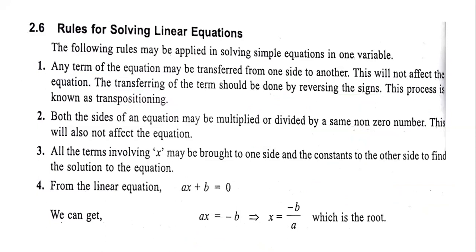Okay, now let us see the next point. Now the next point is all the terms involving x may be brought to one side and the constants to the other side to find the solution.